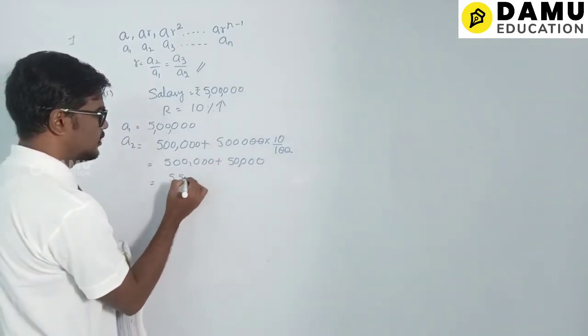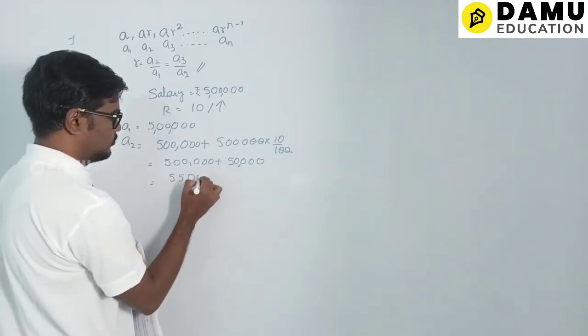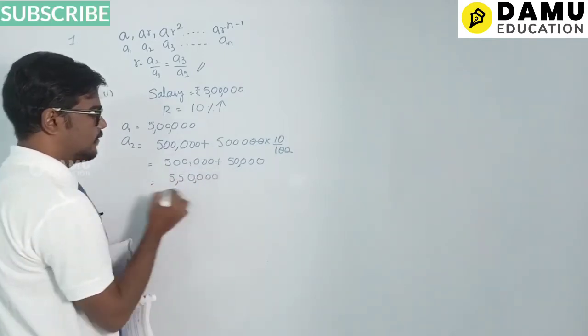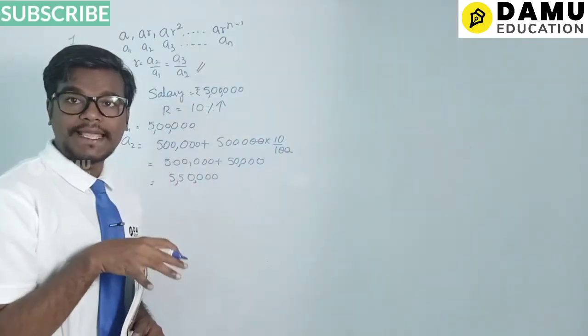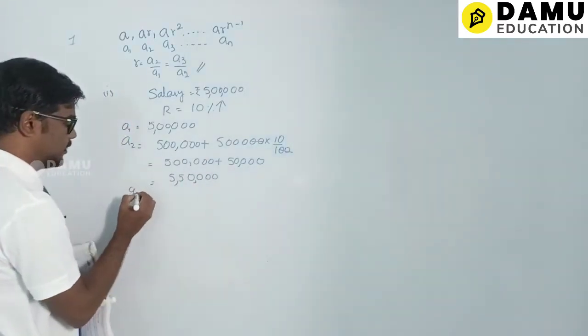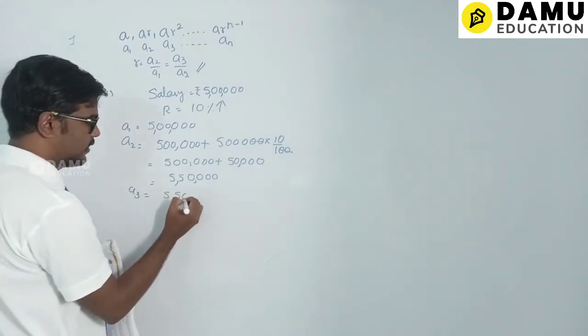So 5 lakh 50,000 is A2. Then what is A3? Let's calculate.